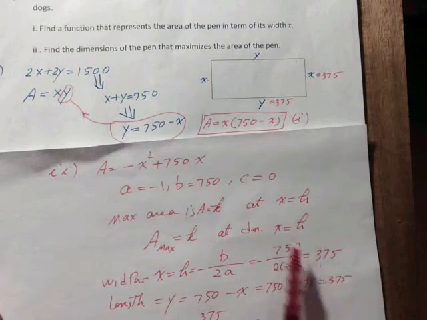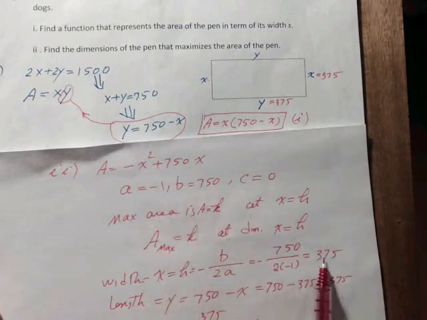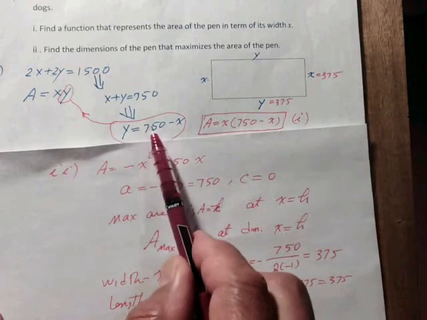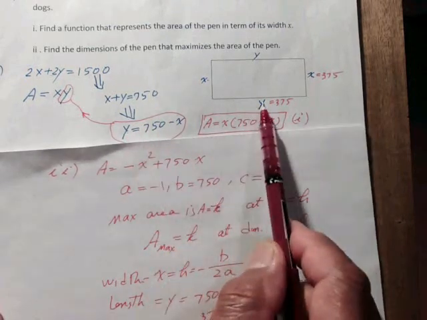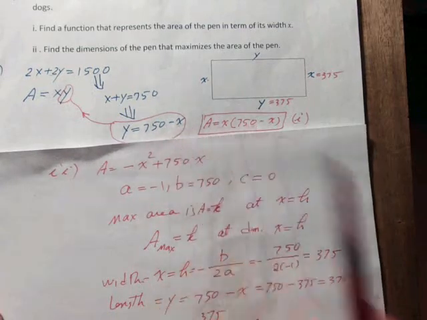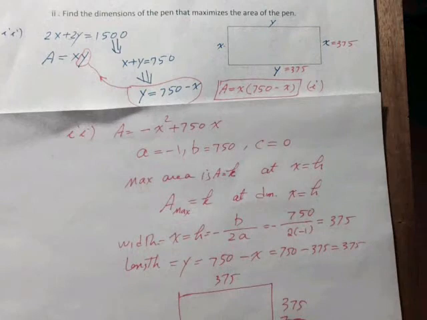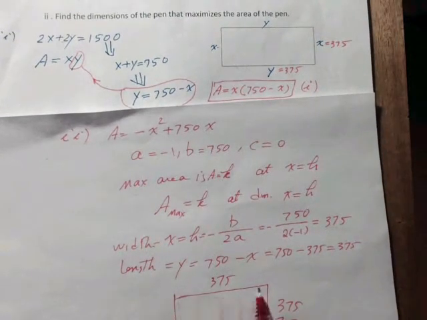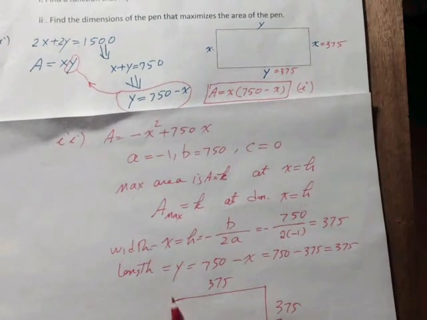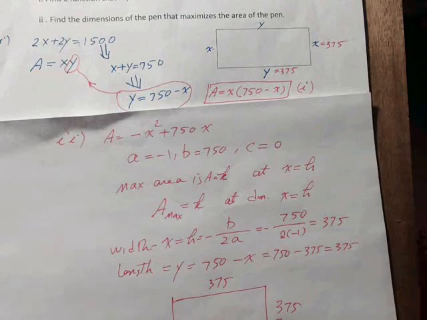And I put these numbers a, b, c in it. I get 375. And then I put this 375 into this formula to get the dimension y. That happens to be also 375. So that means the shape of the pen should be a square. So 4 sides and all 4 sides 375. If you add them up, you get 1,500, of course. Okay, but the area is maximum. So this concludes this section.